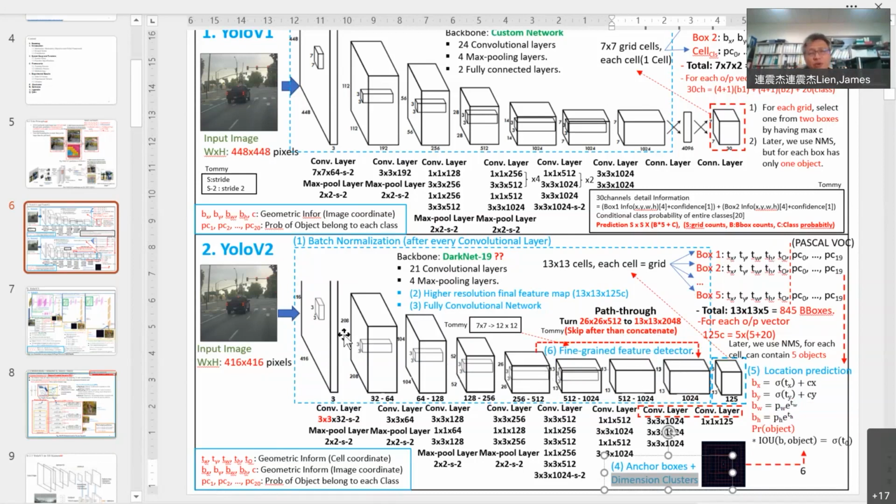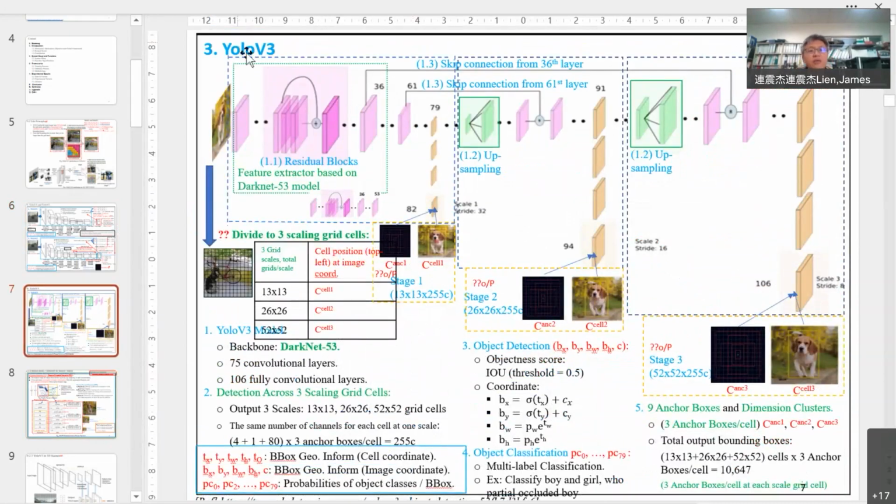So compared with YOLO V2 and YOLO V1, thanks to my student for doing this one for me, we have 6 different enhancement factors compared with YOLO V1. Okay, and then continue. So YOLO V3.